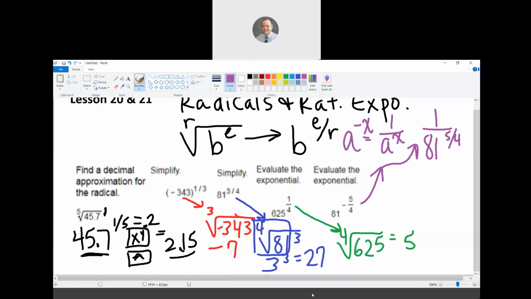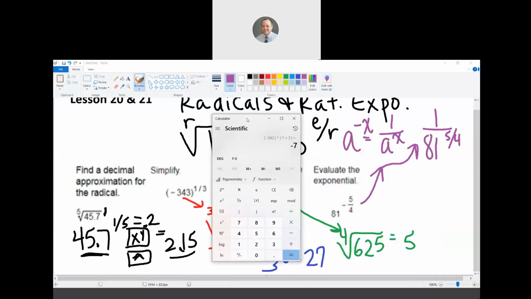Now for that part of the problem, you can use a calculator. So we'll just type in 81, hit our exponent button, and just to be on the safe side, to make sure our calculator does not go out of order, let's put our fraction exponent in parentheses.